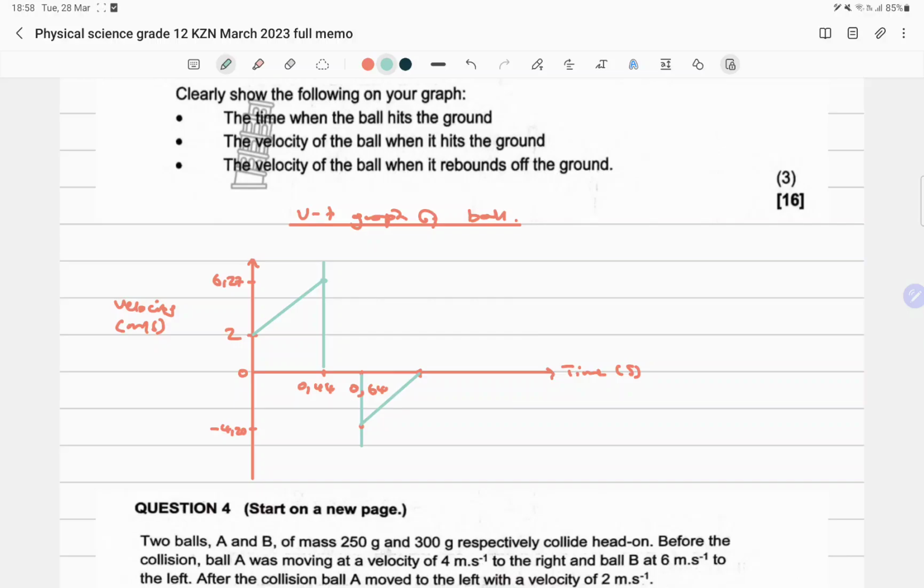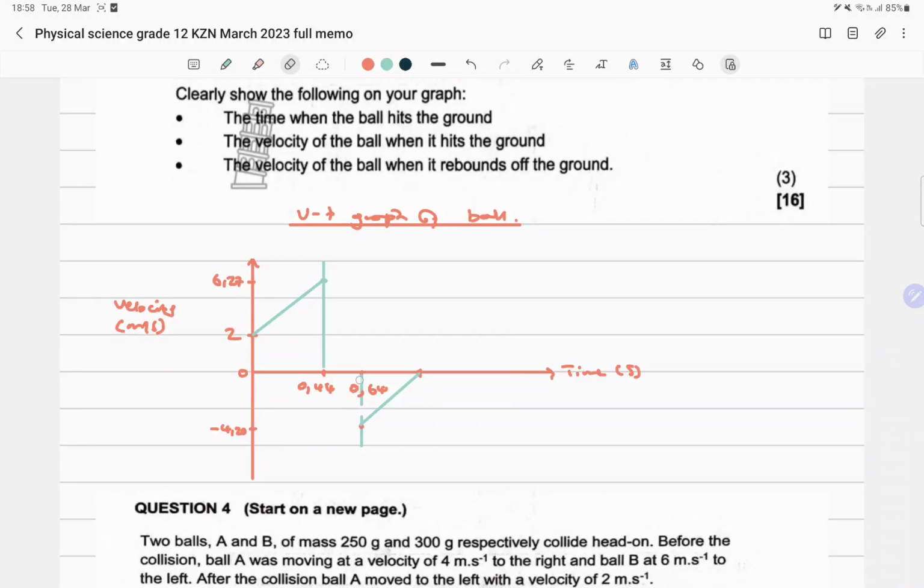And if you are very accurate, you can see I tried. Because the gradients are the same, these lines should be parallel, okay? Those lines should be parallel if this is to be done properly. I'm just adding the parallel lines so that you can see, but you don't have to include it. But remember, they have to be.